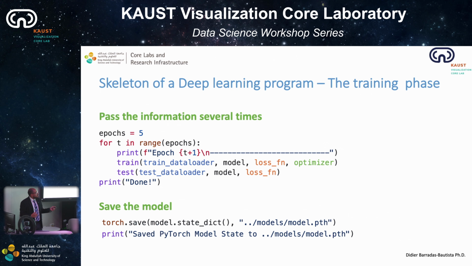And of course, nothing of this matters if you don't save your model. So please save your model. As a matter of fact, it's a good thing that PyTorch calls them checkpoints. What does it mean? That you can restart from that point forward.